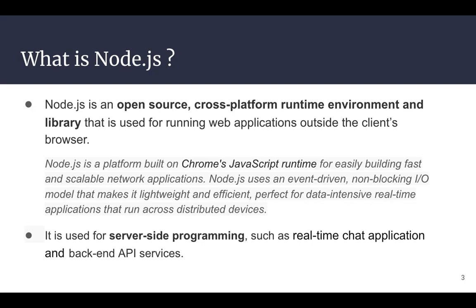So what is open source? What does it mean here? Open source means that it is free to use and constantly being tweaked by a lot of users or contributors that help in growing Node.js, making it bigger, better and bug free.